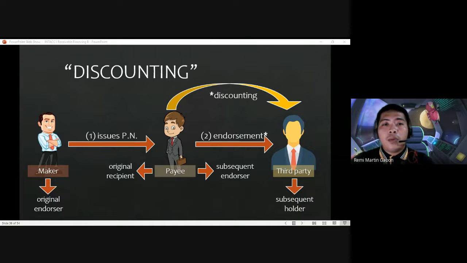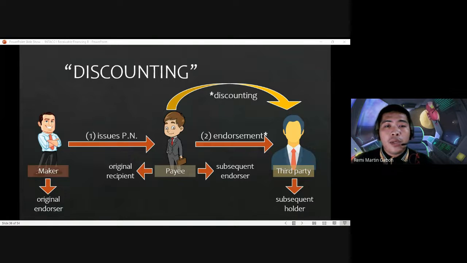When does discounting start? Discounting starts when the payee, before the maturity of the promissory note, decides to reissue or endorse the promissory note to a third party. So the payee now becomes the subsequent endorser.